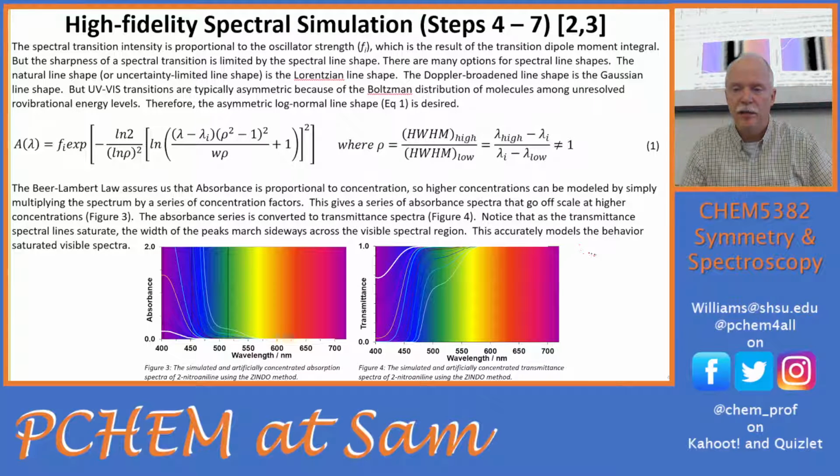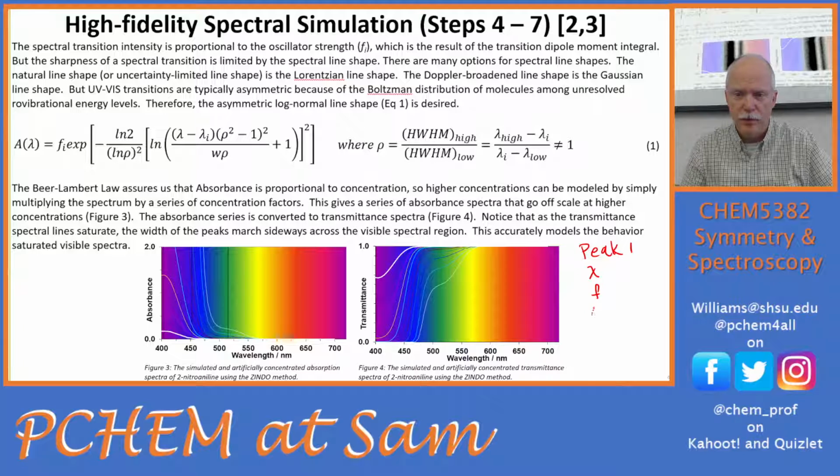So for each peak, let's say peak 1, you would have lambda for that, F for that.